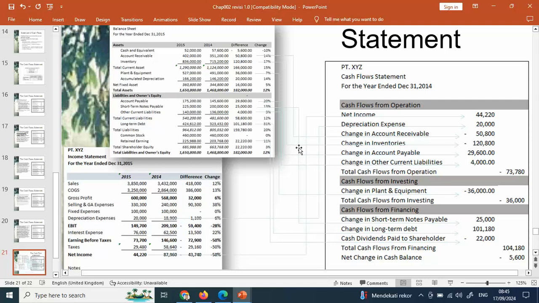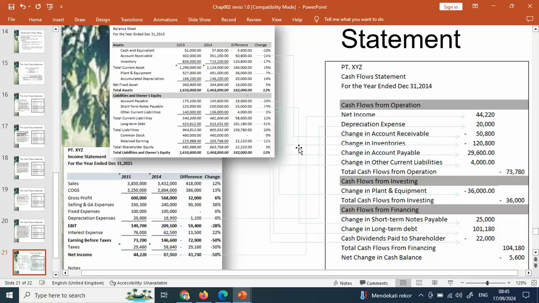And then account receivable. Account receivable increased from 361 to 402. So account receivable increased 50,000. Cash inflow or cash outflow? Outflow.